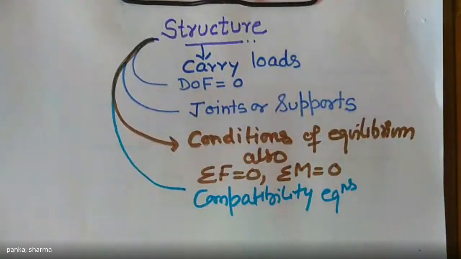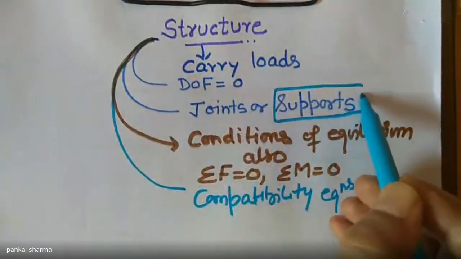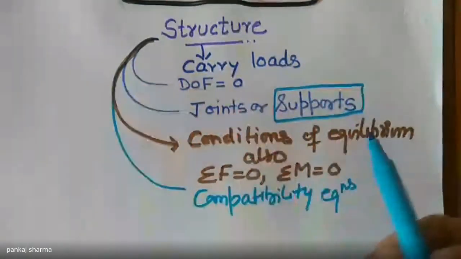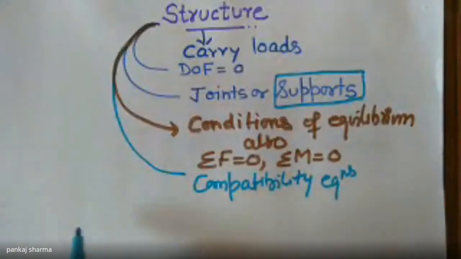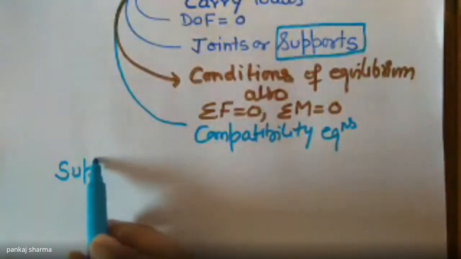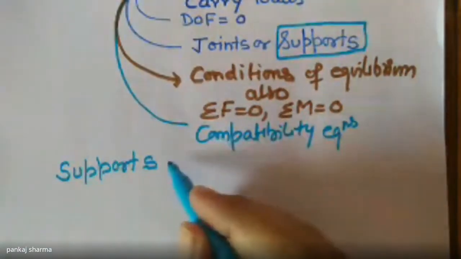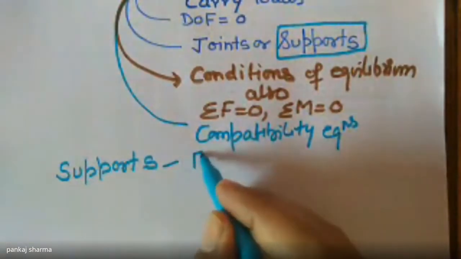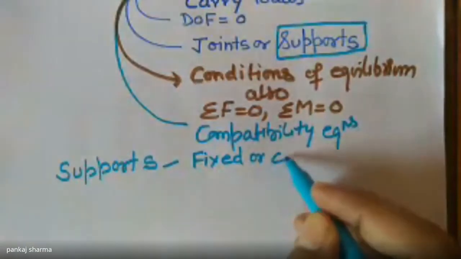So today I am discussing the types of supports we use in a structure. First support is the fixed support, or we can say clamped.